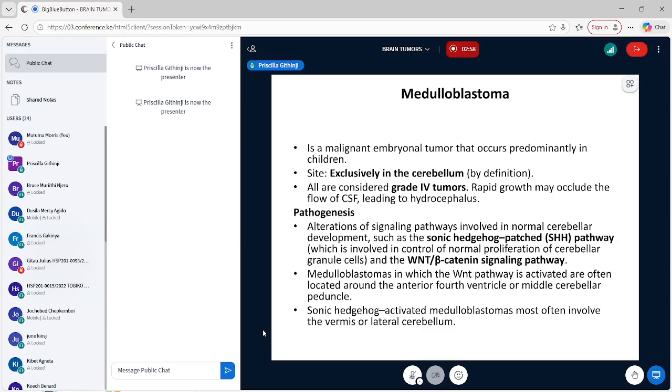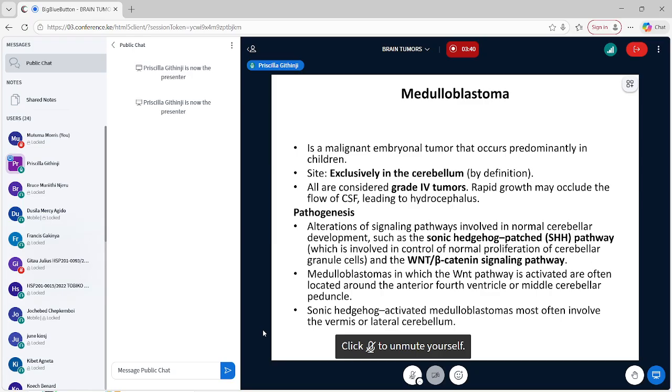So when you diagnose a medulloblastoma, you want to show whether it has alterations in your sonic hedgehog patched pathway, or they have mutations in your WNT beta-catenin signaling pathway. Medulloblastomas in which the WNT pathway is activated are often located around the anterior fourth ventricle or middle cerebellar peduncle. For your sonic hedgehog activated medulloblastomas, these are most often involving the vermis and the lateral cerebellum.